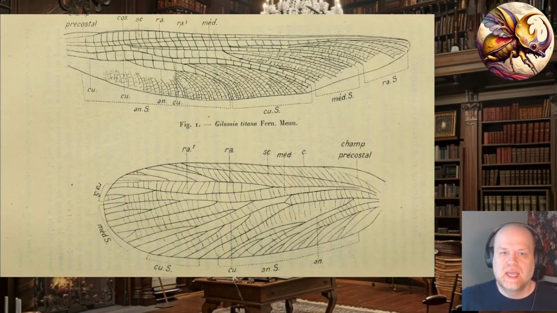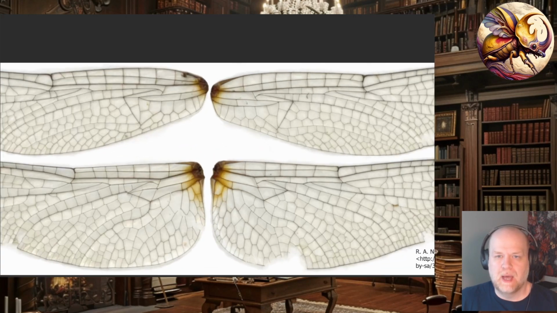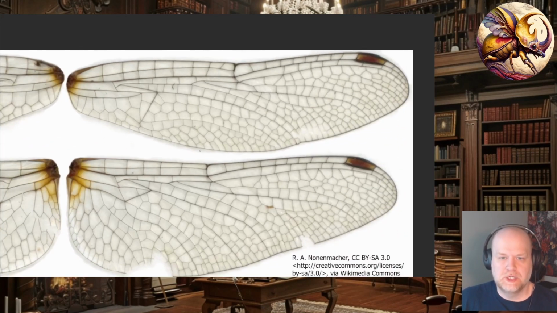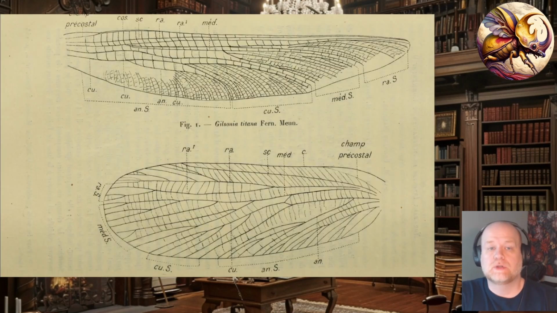So here is kind of a line drawing of what variation there exists in these ancient Meganisoptera wing venation patterns. And this is very, very different than modern day dragonflies. So this is a modern day dragonfly wing. You can still tell that there's a lot of venation, and excess venation is a common characteristic of primitive insects.